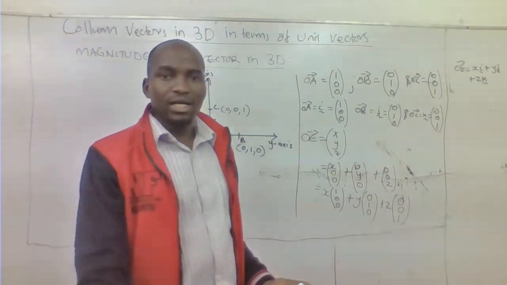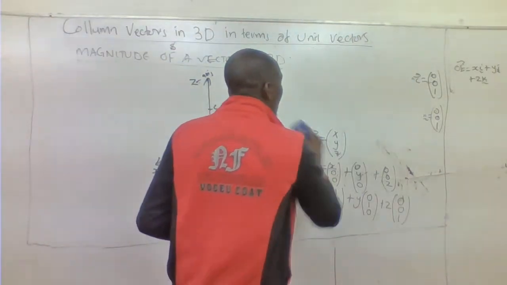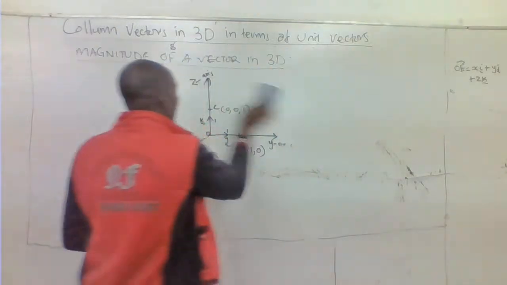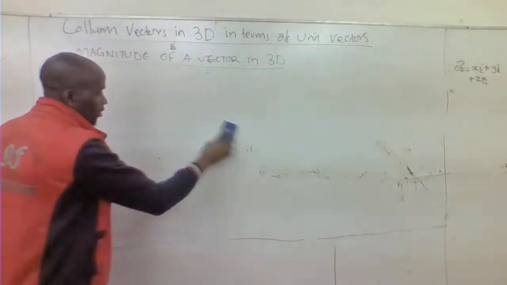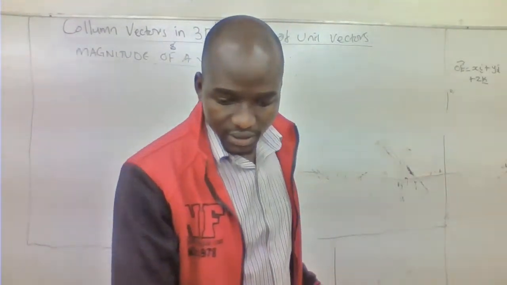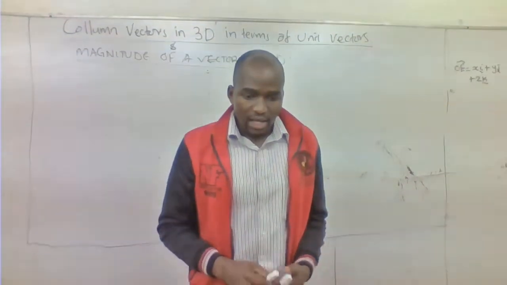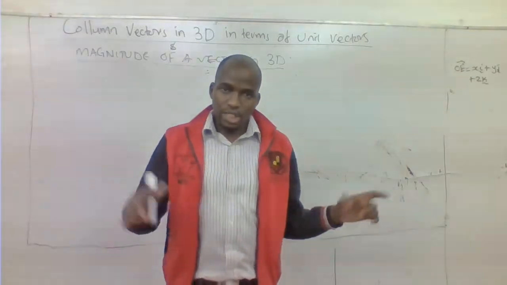Maybe for us to understand better, let's have an example. Suppose you are given a simple question like this, and you are asked to express a given vector in terms of i, j, and k.